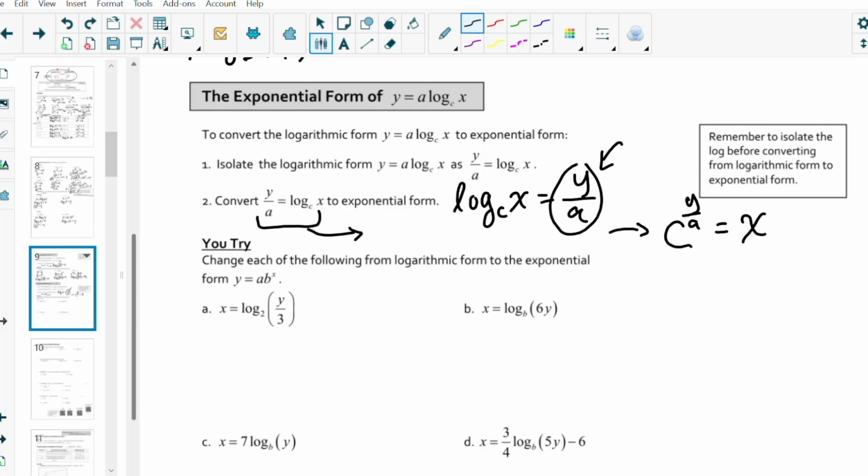Okay, let me do the first one for you. This first one doesn't require a rearrangement. So this one, the base is 2. The exponent is the argument.